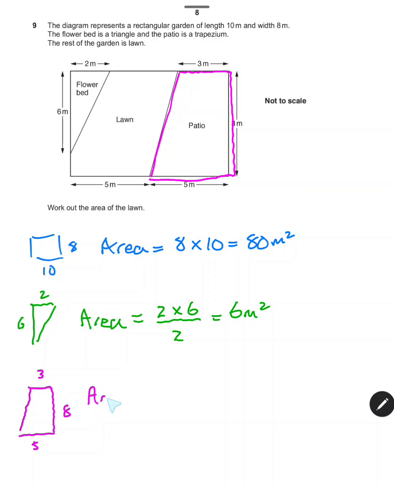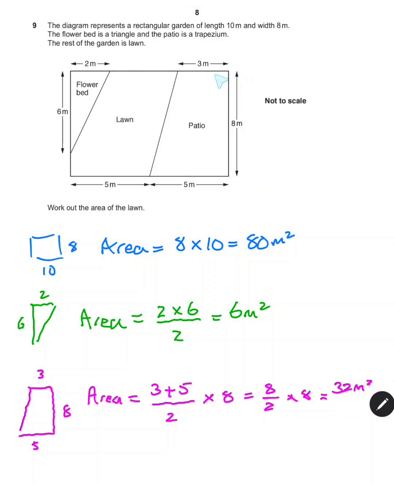So I'll do that now. We're going to do 3 add 5, half that, and then multiply by 8. And what we get is 8 divided by 2 times by 8. 8 divided by 2 is 4, and 4 times 8 is 32.